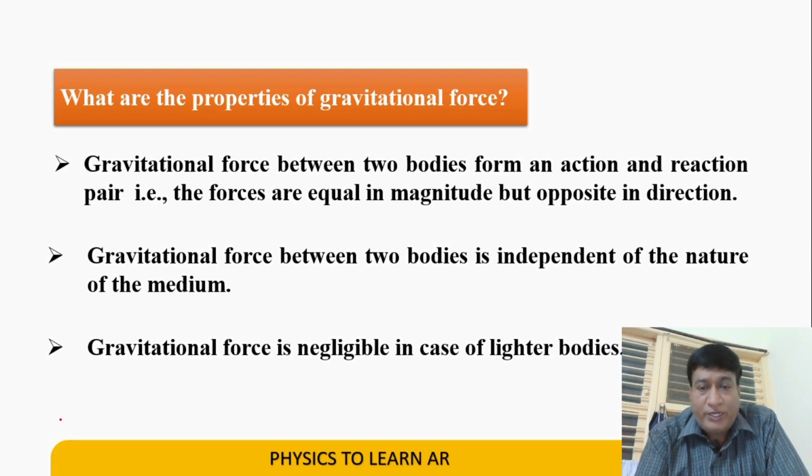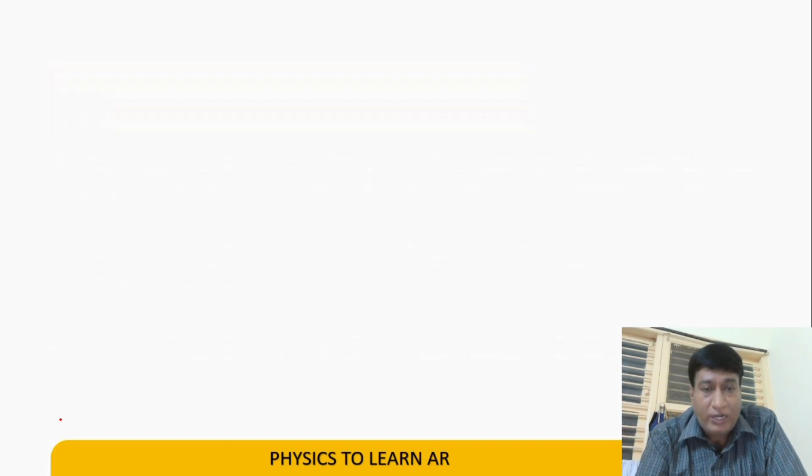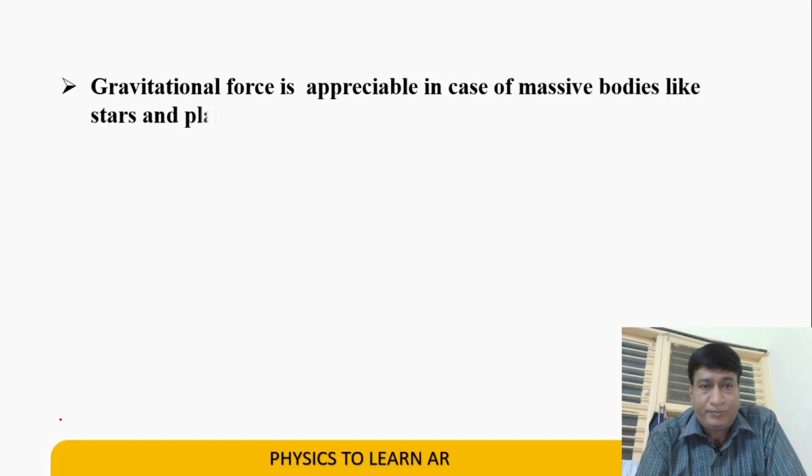Gravitational force is negligible in the case of lighter bodies. We discuss this gravitational force only for heavy bodies, not for lighter bodies. We can observe it for massive bodies like stars and planets.